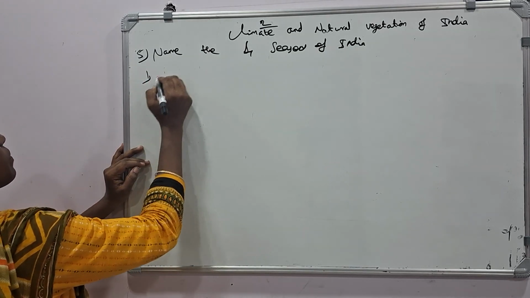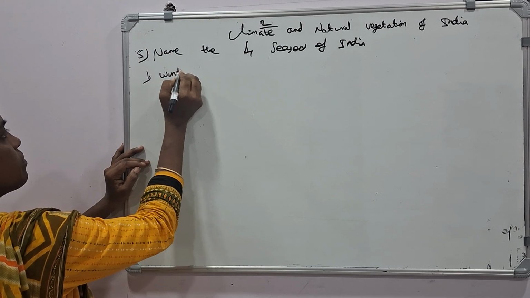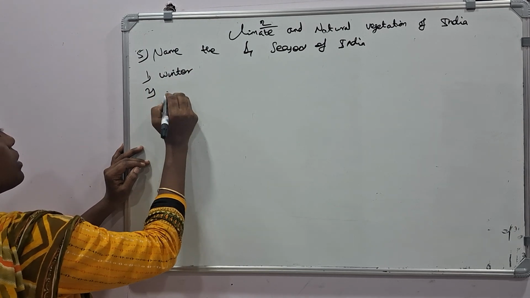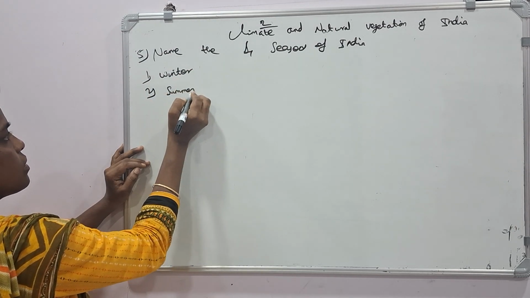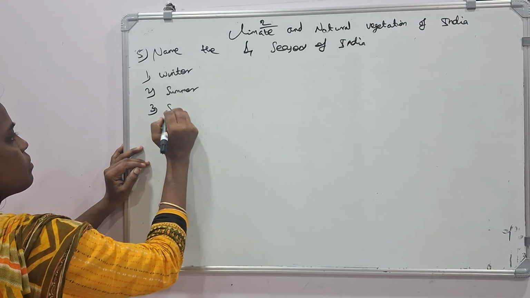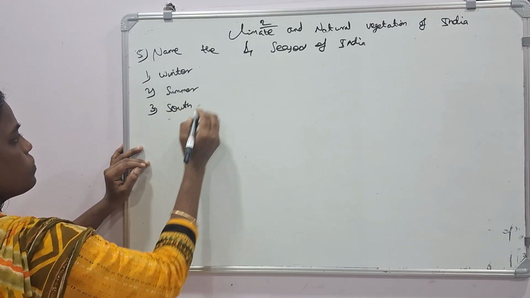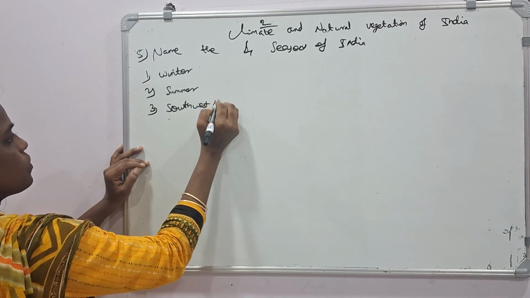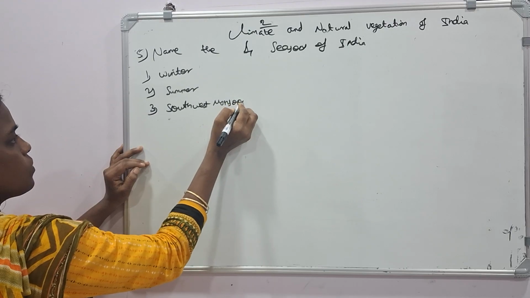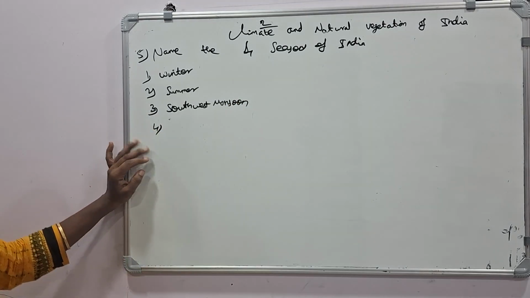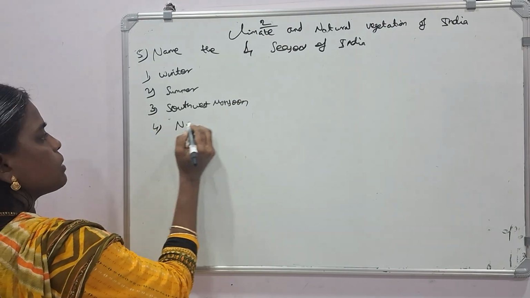First one, winter. Second one, summer. Third one, southwest monsoon. And the fourth one, northeast monsoon.